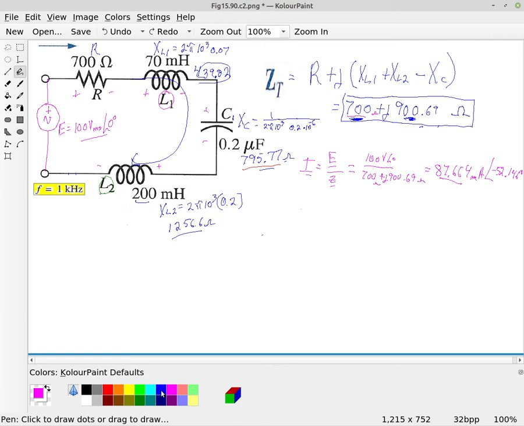All right, so once we have that, now we can calculate the voltage drops. The voltage drop across the resistor, again, it's Ohm's law, so it's I, this current here, times the resistance. There's no phase shift, so it's just that. So we're going to take the 700 ohms times this current and calculate the voltage VR.